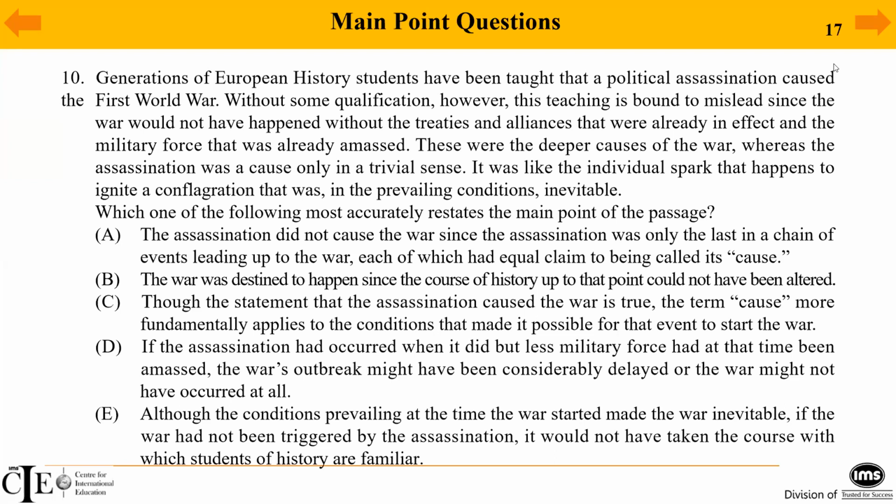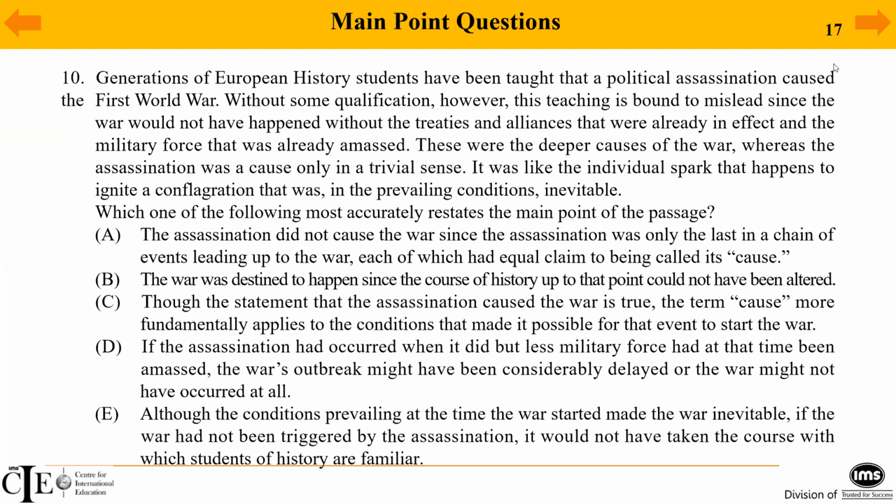So the argument is stating that political assassination is shown to be the cause, which is a very minor cause actually. The war is already set to happen. It is bound to happen because of the alliances. They are already military amassed on either side. So the teaching that political assassination caused the First World War is not correct.